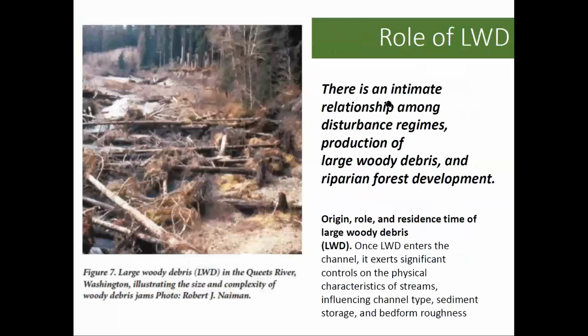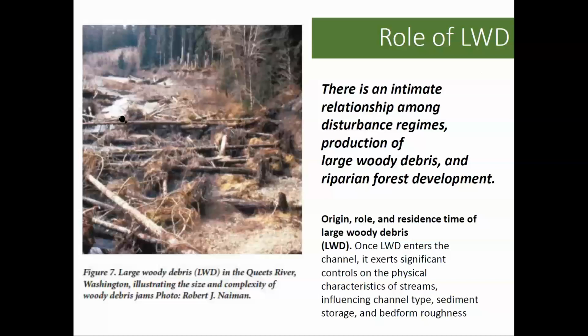There's a really important relationship among the large wood inputs and the riparian ecosystems, but also the stream processes. And so we talked about that. Here's an example, see, all these trees have come down right along the edge of the channel.